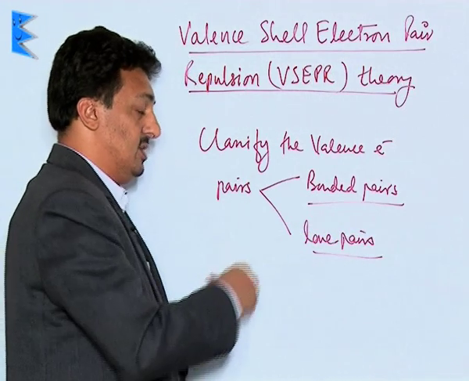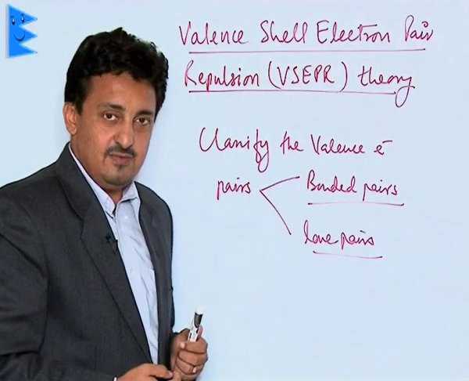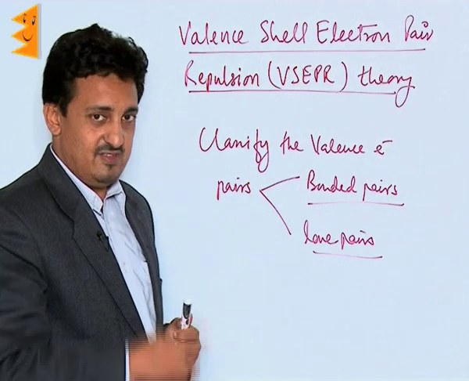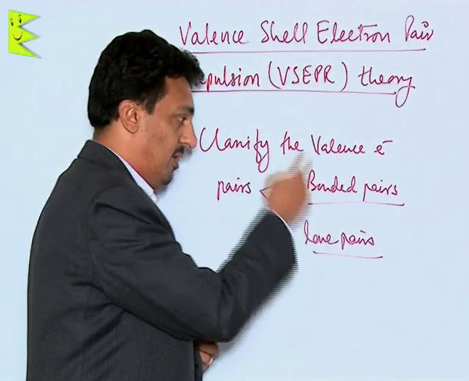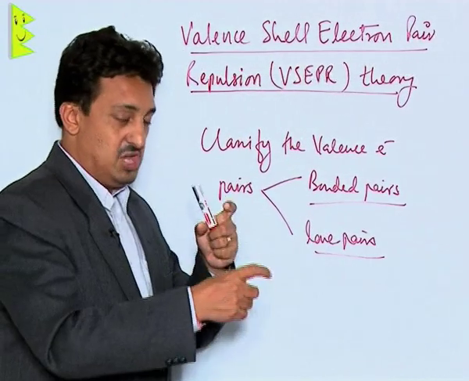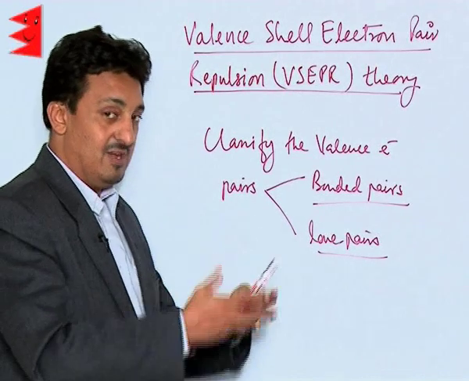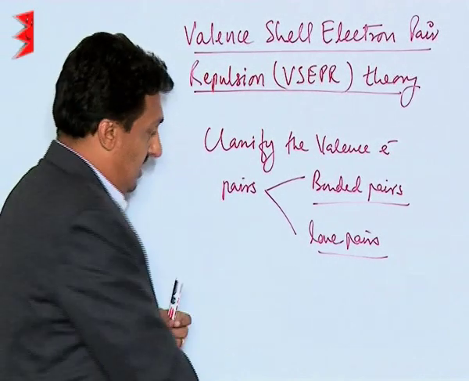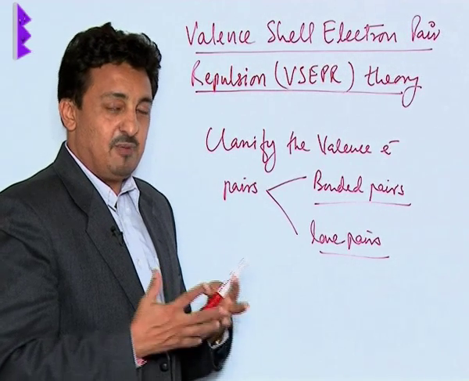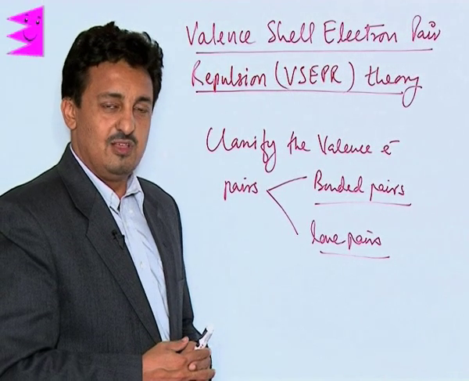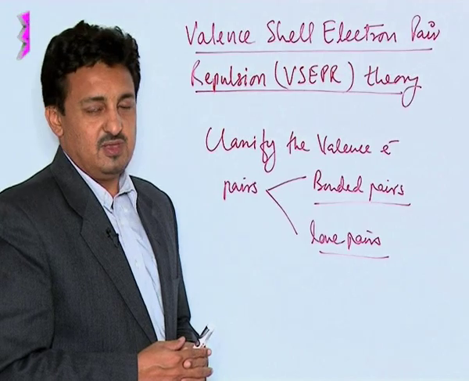They both together decide the geometry of the molecular species. Remember, in the geometry we include both of these, whereas in shape we include only the bonded pairs. And this is how the shape of the molecular species and its geometry differs. Now let us study with examples how we predict the structures or the shapes of the different molecular species as per the VSEPR theory.